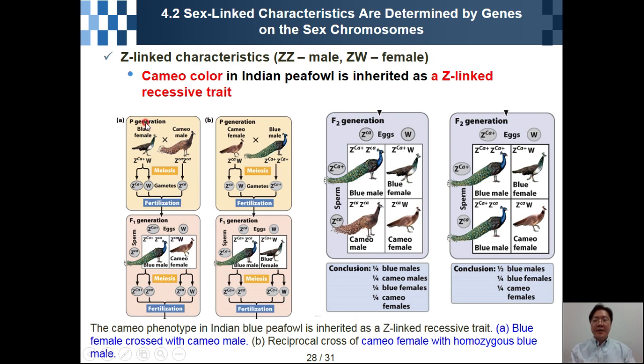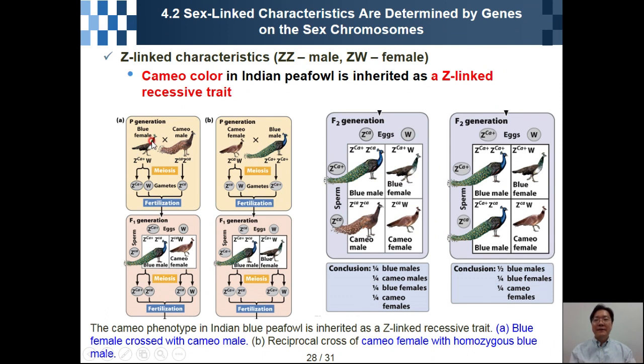So, parent generation: blue female, and the male was camel color. Because camel color is the Z-linked recessive trait, the genotype will be ZCA and ZCA. How about the female?